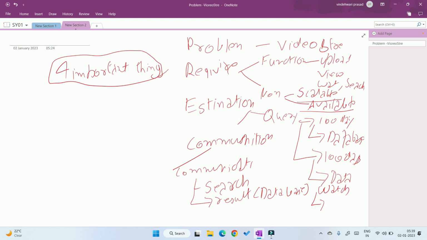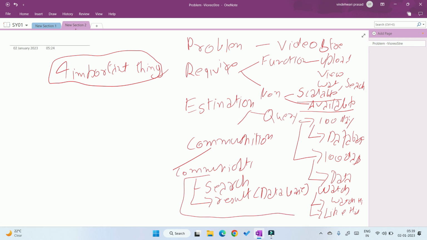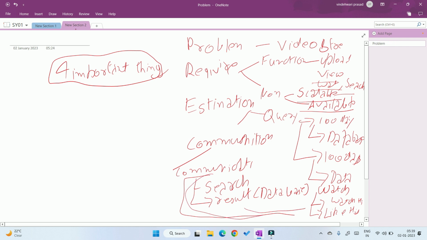This video can come into your watch history, and if you like the video, it can go into your like history. So how does the communication happen between different components? You can view the video, watch the video, search the video. How does the communication happen between each and every component of the system? It also comes under the system design process.